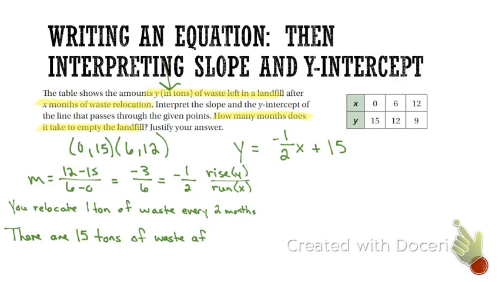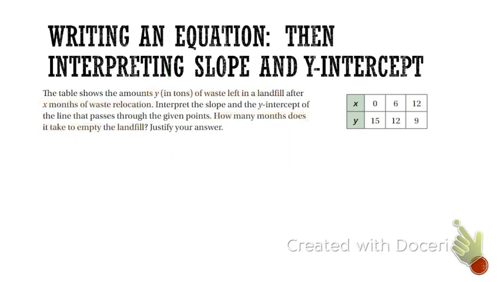You could say after 0 months, or you could say to begin with. No time has passed; you're starting at 15 tons of waste that you have to get rid of. So there are your explanations: the first one was the slope, and this was your y-intercept interpretation. Being able to put that into a sentence really shows that you understand what the rate is telling you and also where your starting value was for your y-intercept.